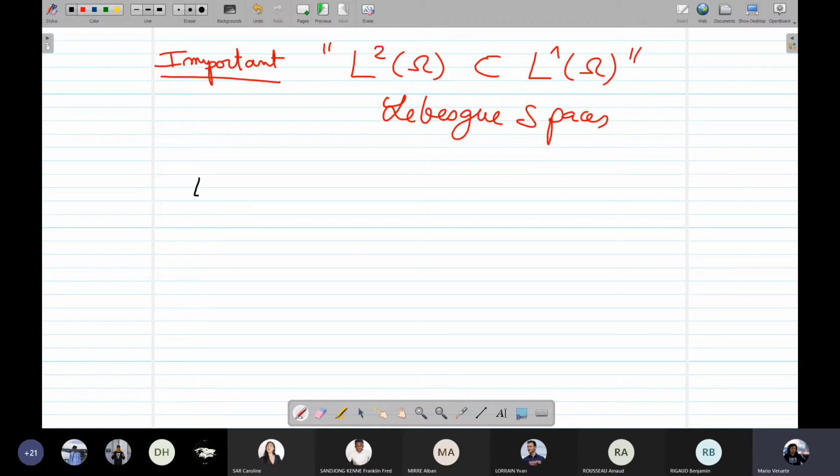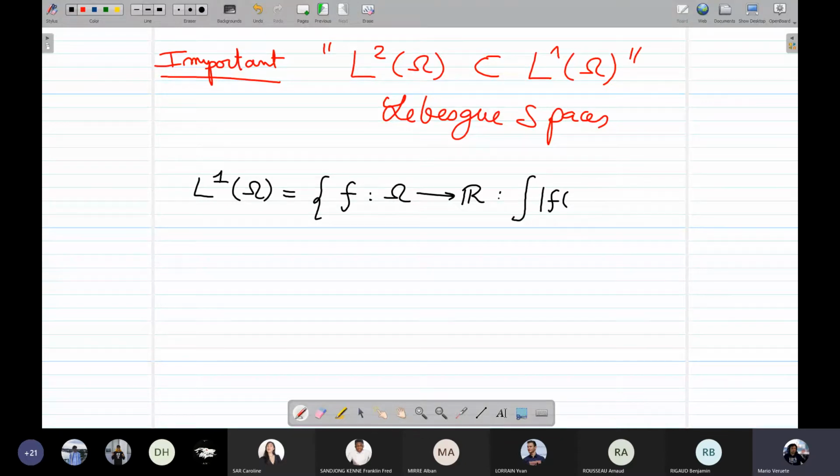What is L1? L1 of omega is the set of functions f defined from omega to R, such that the integral of the absolute value of f of x dx over omega is finite.